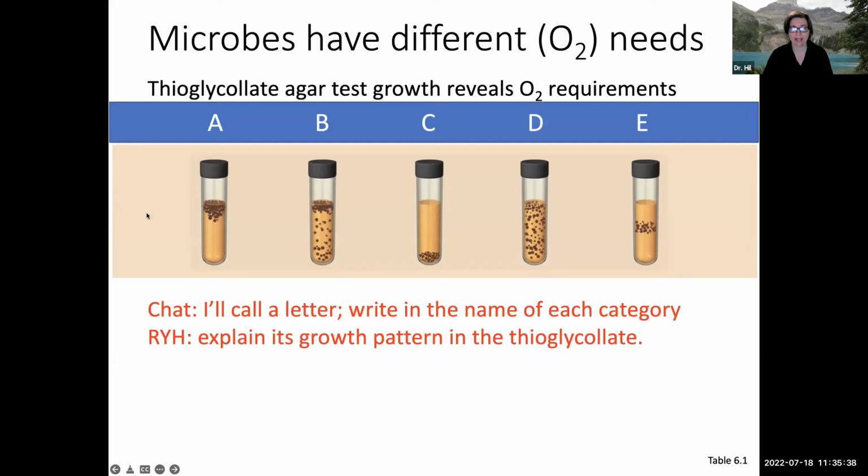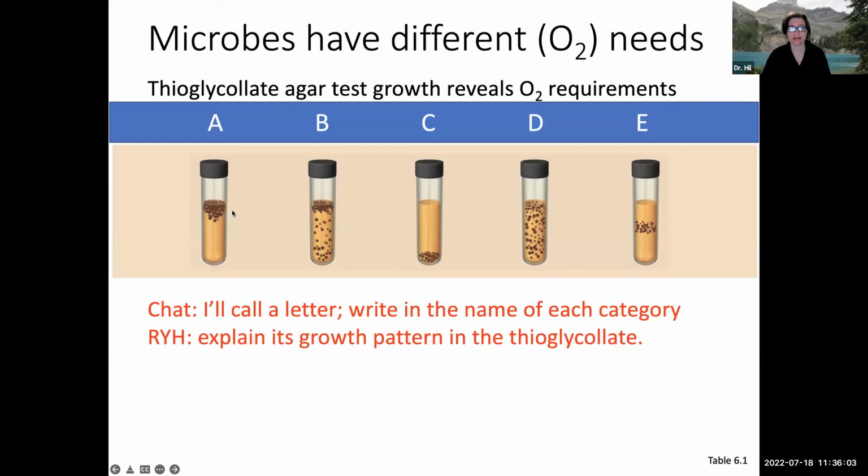And here is basically the growth pattern of the different categories of organisms. So the first thing we have to know is, what are all the categories? Let's start. I'm going to call out a letter and you're going to write into the chat what that category is called. Here we see guys growing only at the top of the thioglycolate agar. What do we call these guys?